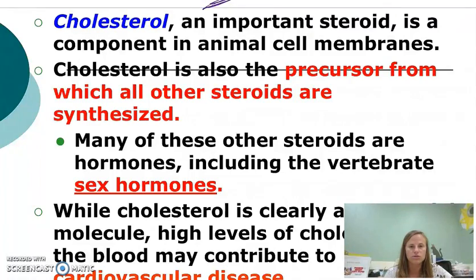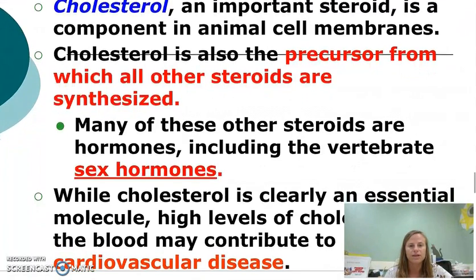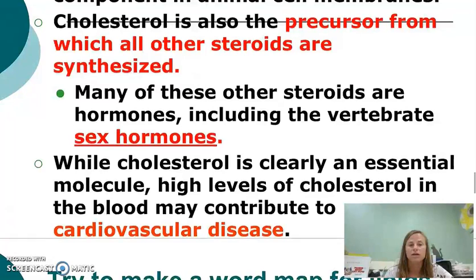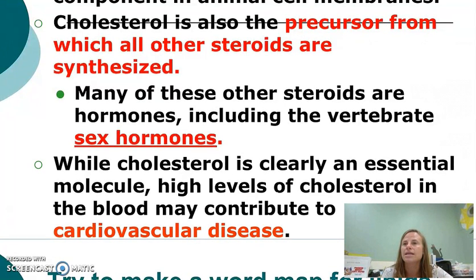So while cholesterol is definitely an essential molecule, it's going to aid in the fluidity of your phospholipid bilayer. Too much cholesterol is going to contribute to cardiovascular disease.